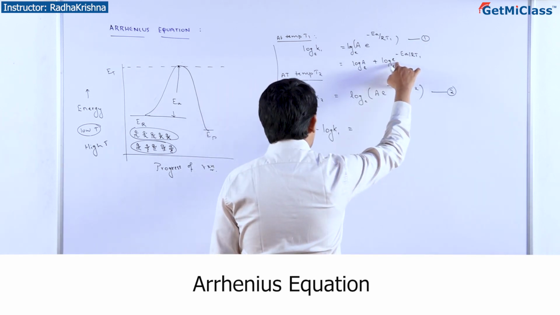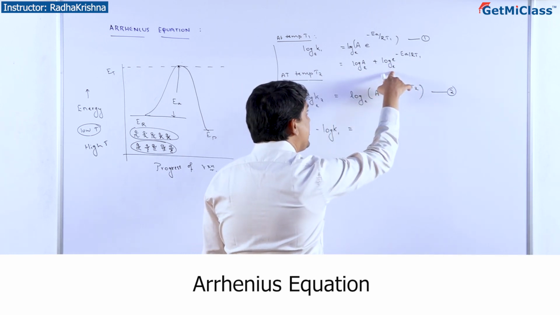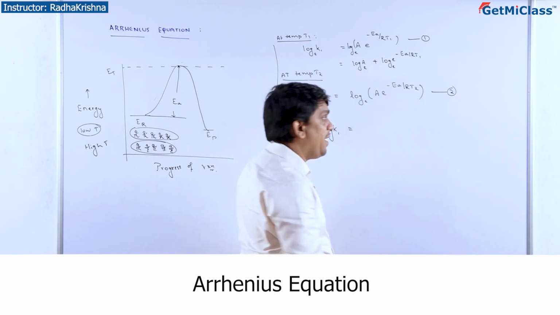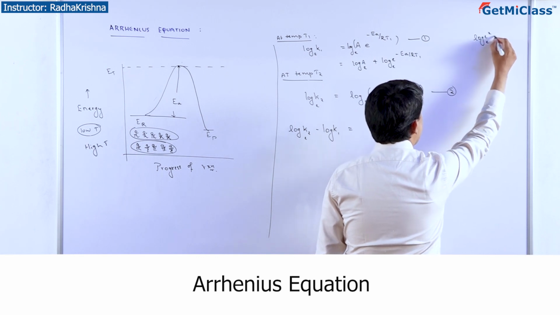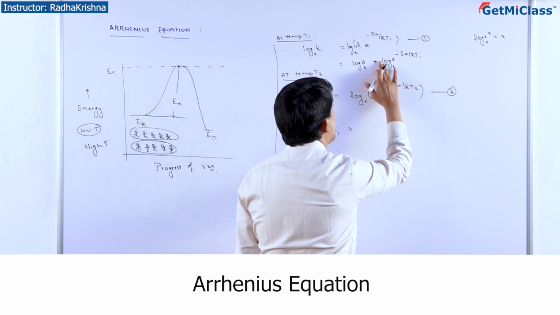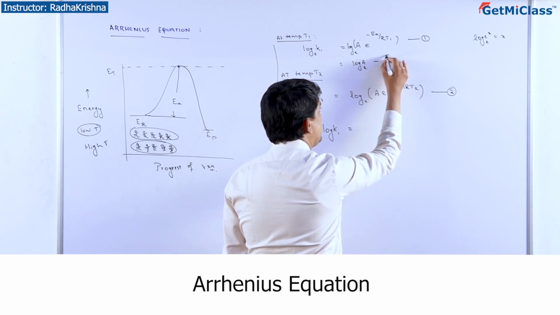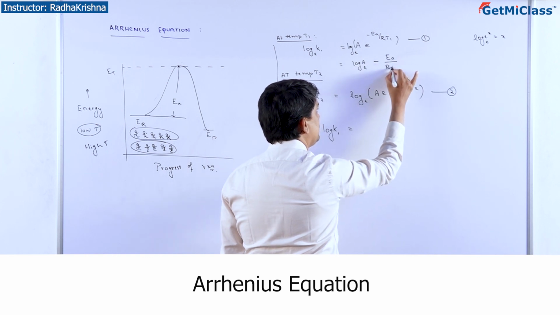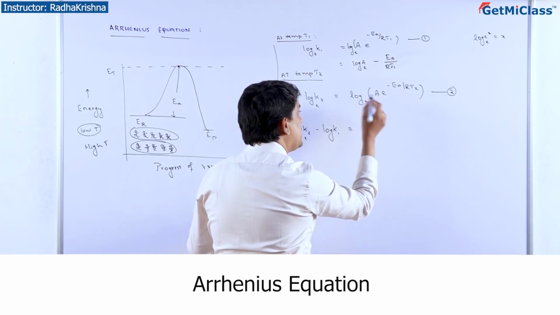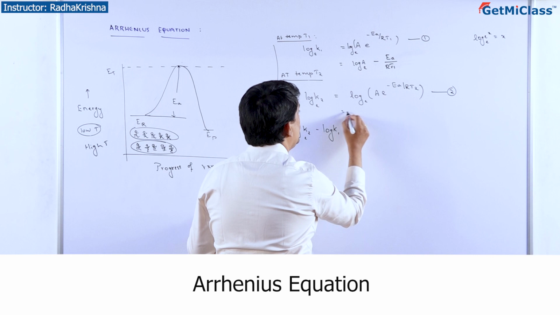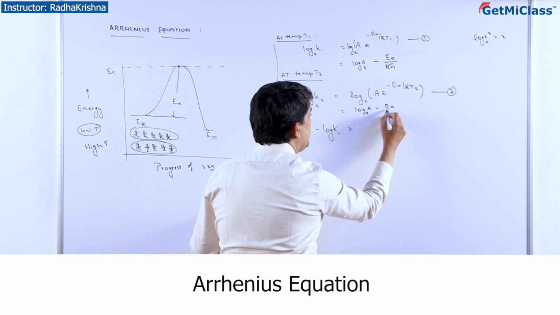Similarly, log e to the power minus Ea by RT1 to the base e is minus Ea by RT1. I'm using that result and I'll write here, minus into plus is minus Ea by RT1. The similar thing I'll do here, log A plus log B.